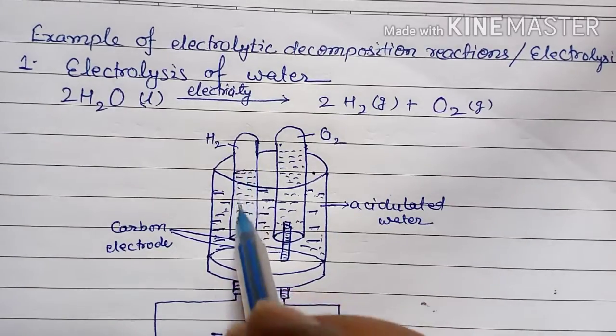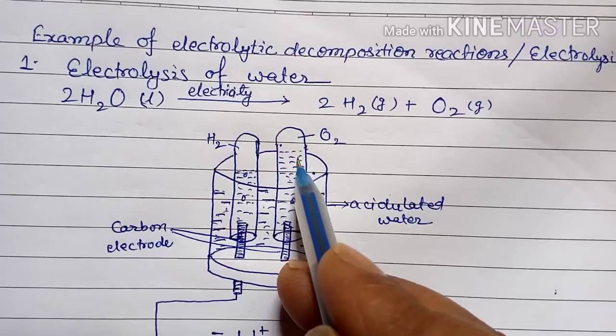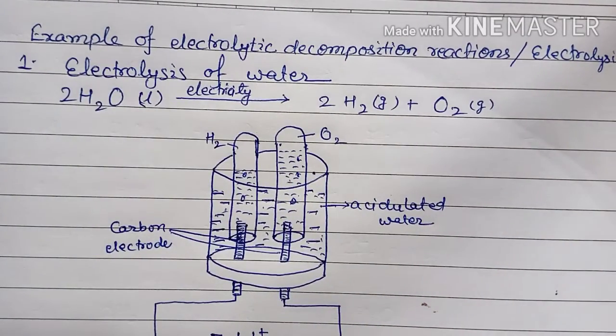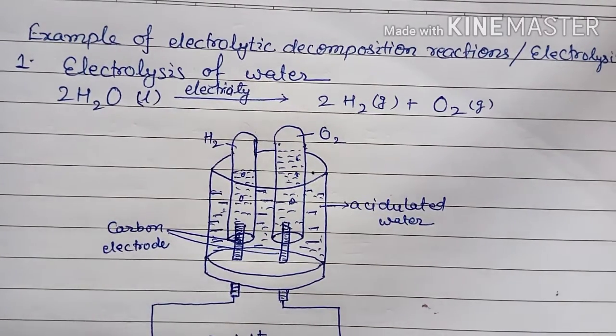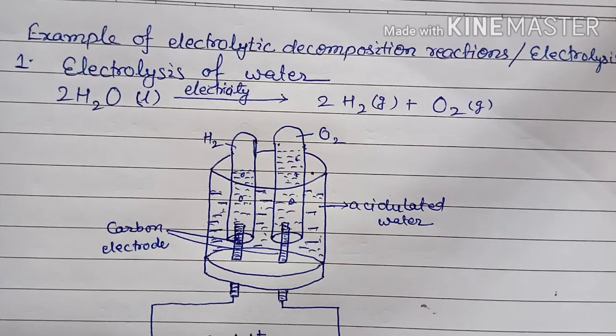Bubbles of gases appear above the electrode in both the tubes. As a result, the water level will be pressed downward. The gases are hydrogen and oxygen, and are formed by the decomposition of water on passing electric current.